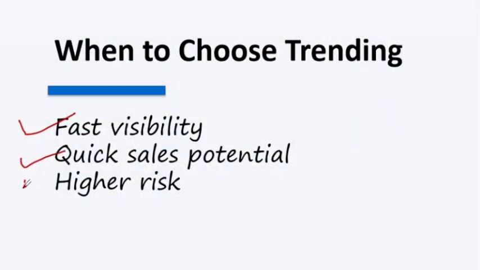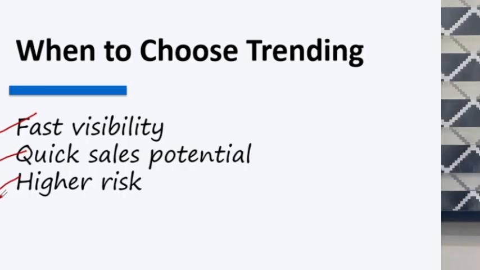So another part of that is higher risk, because if you are thinking evergreen, if you are thinking long term, at least even if the first year the sale did not come, you know that by the second year or third year, with consistent marketing, the sale will come, because this content, this book is evergreen, this title is evergreen.